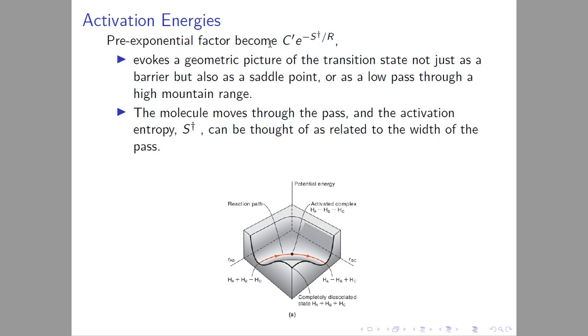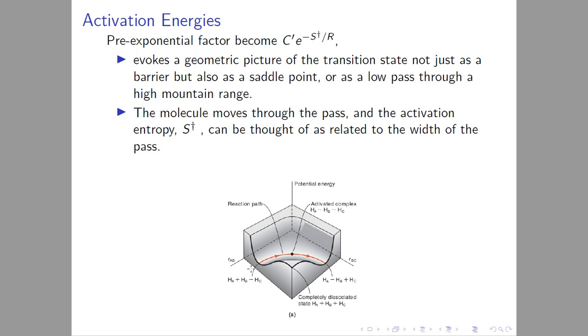If we plot this equation, we get the saddle point. So a generic picture of the transition state is not just a barrier but also a saddle point, like a low pass through a high mountain range.